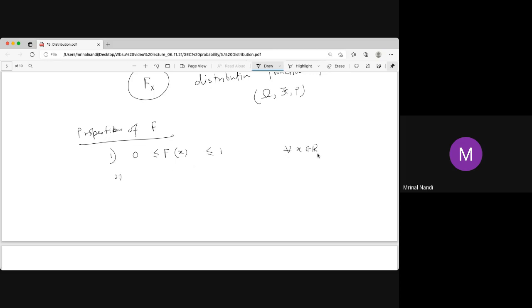Now it is interesting. We start with omega, the sample space, the outcome of a random experiment, which may be abstract: head or tail in a coin toss, a die throw, or any set of animals, something like that. But we end our story with a real value. Everything is changed to a real value. Random variables do this job.